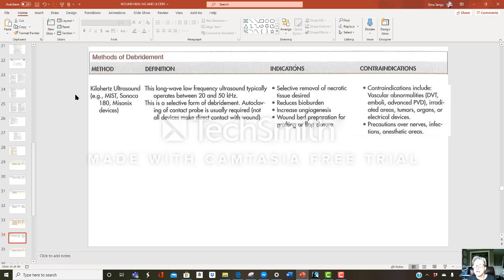Contraindications include vascular abnormalities such as DVT, emboli, and advanced peripheral vascular disease, irradiated areas, tumors, organs, or electrical devices; precautions over nerves, infections, and anesthetic areas.